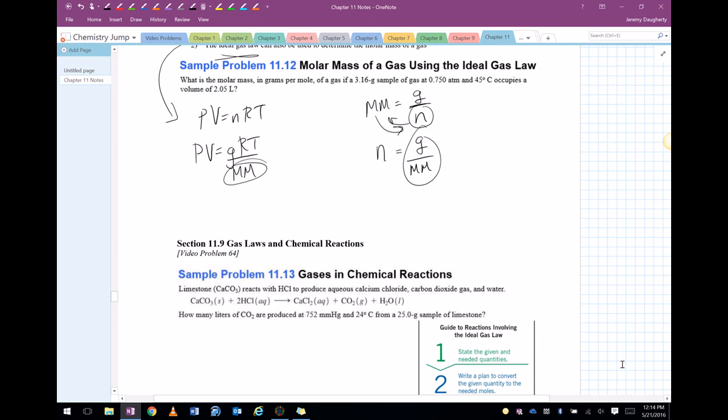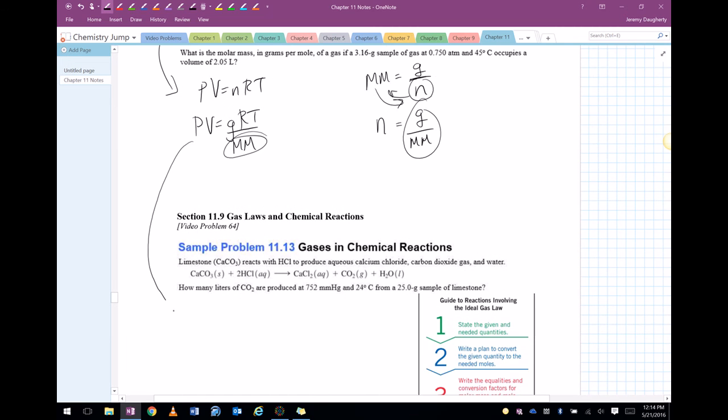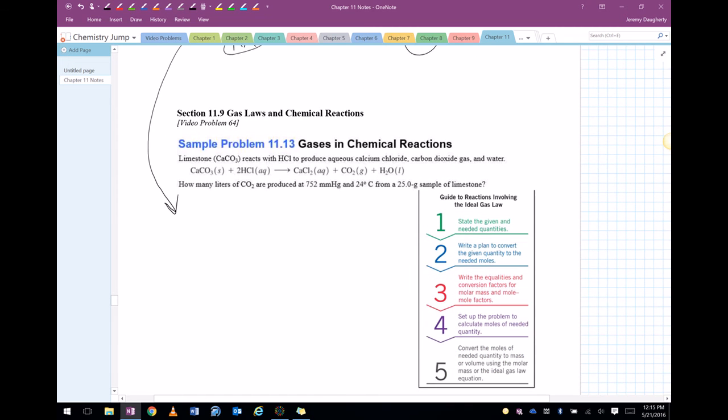Now, like I said, I can also calculate the density of a gas. So let me bring this down here. PV equals gRT over molar mass, the equation we just derived. What is density? Density is equal to mass over volume, right? So here's mass, here's volume.